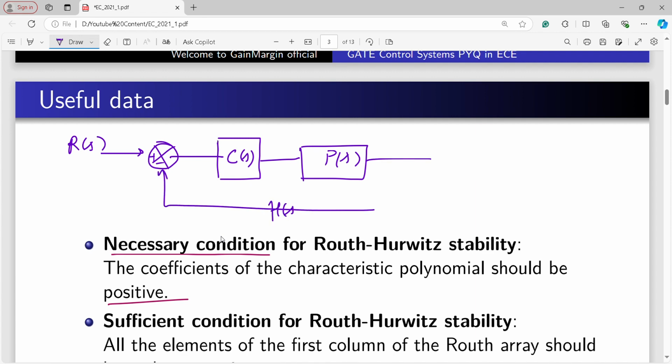Let's take the general block diagram with H of S. And this is my output Y of S.